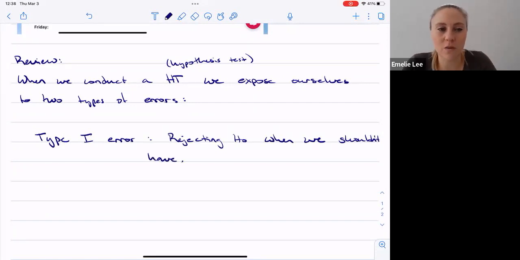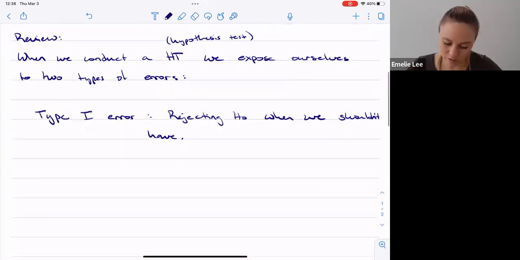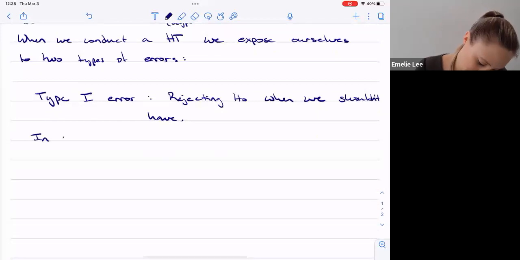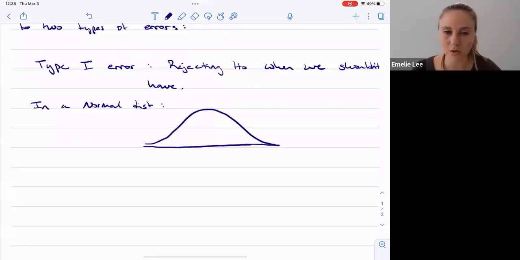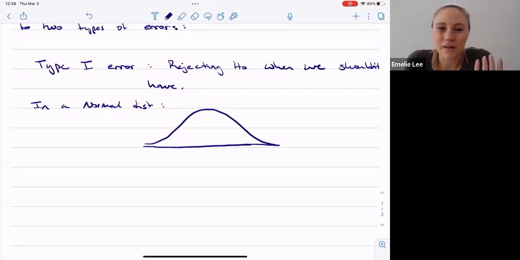Let's think about this for a second, right? If we consider a normal distribution, for example, because that's probably the distribution that we're most comfortable looking at and working with, then we might have something like this. So here's our distribution of things that can happen, right?